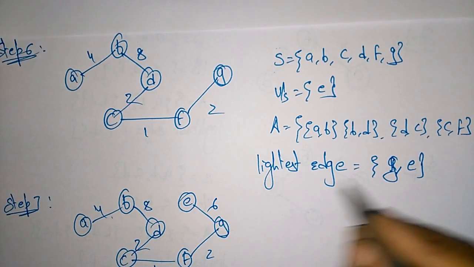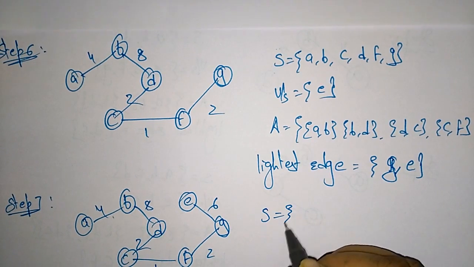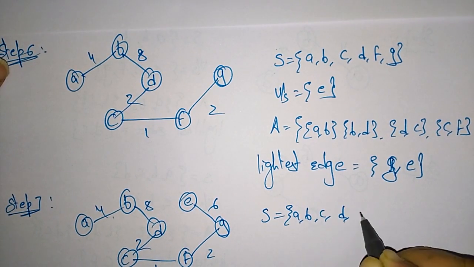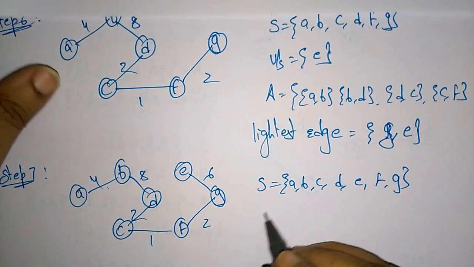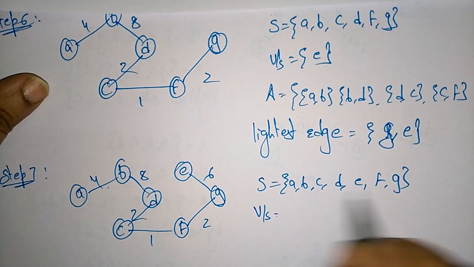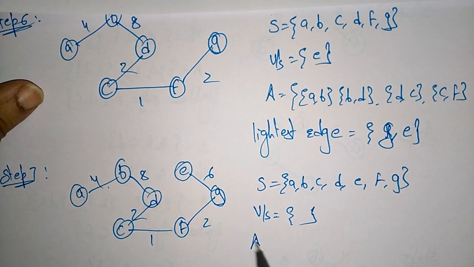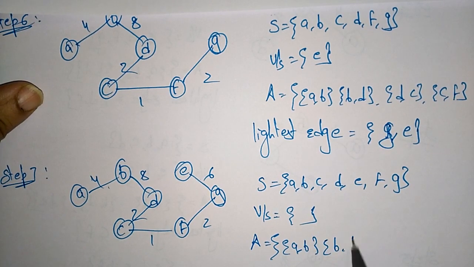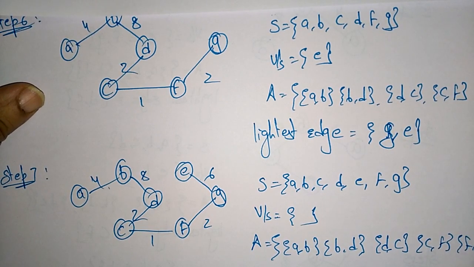Okay. So now it completes the minimum spanning tree. Now this set contains A, B, C, D, E, F, G. So these are all the visited vertices. Whenever the set completes, the set of remaining vertices becomes empty, and the connected edges are AB, BD, DC, CF, FG and GE.